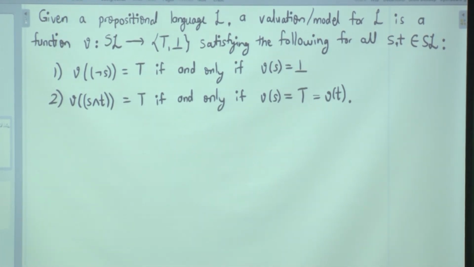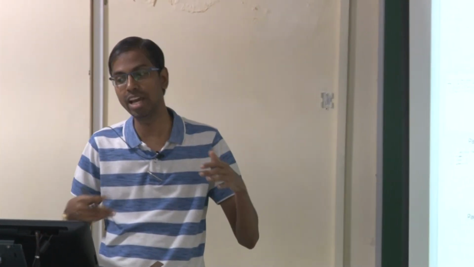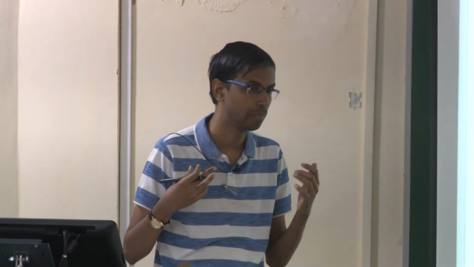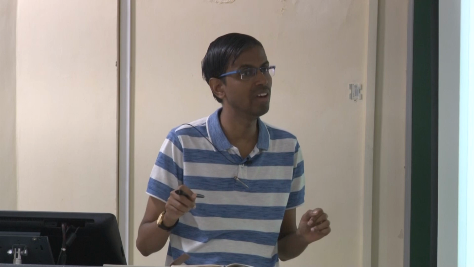Yesterday we used some notation. What is L inside SL? S0L, right? So, in particular, if I have a valuation, then I also have a valuation of the propositional variables, right?